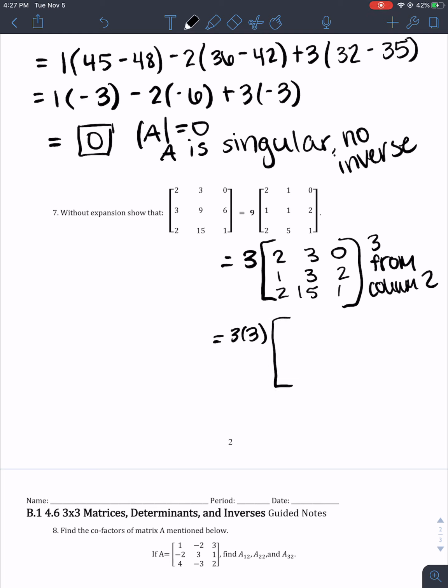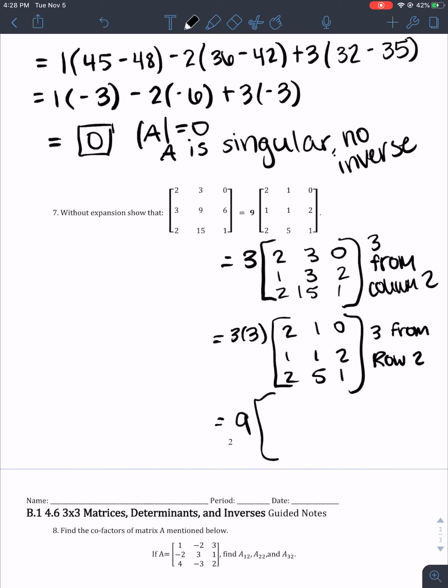3 times 3. How would I get these guys, 3 and 6 in the second row, to be the same? So I gotta multiply by 3 again. So 2, 1, 0, 1, 1, 2, 2, 5, 1. When you take 3 from row 2, you'll get 9 times this matrix here.